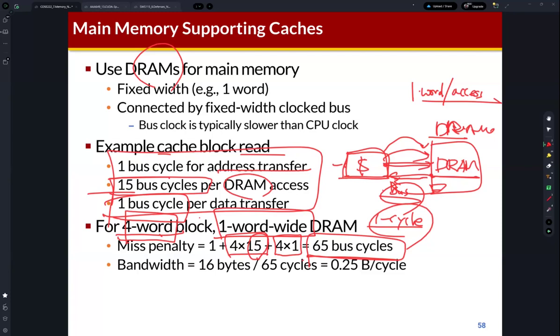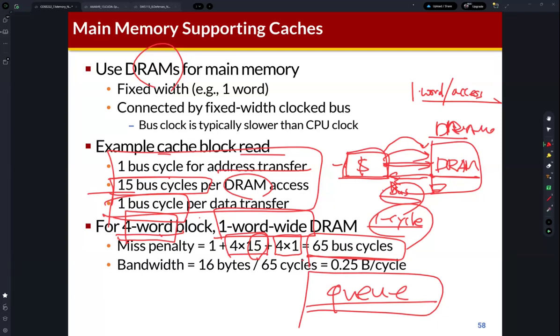But in a real system, this miss penalty is influenced by many factors. For example, we can implement the system using many buffers and queues. So the data fetch latency is highly influenced by buffer delay or queuing delay.